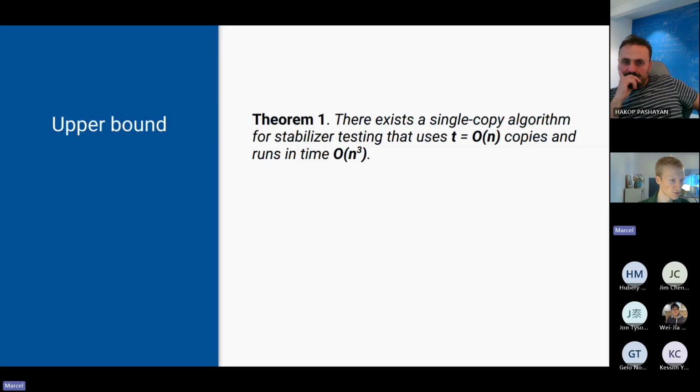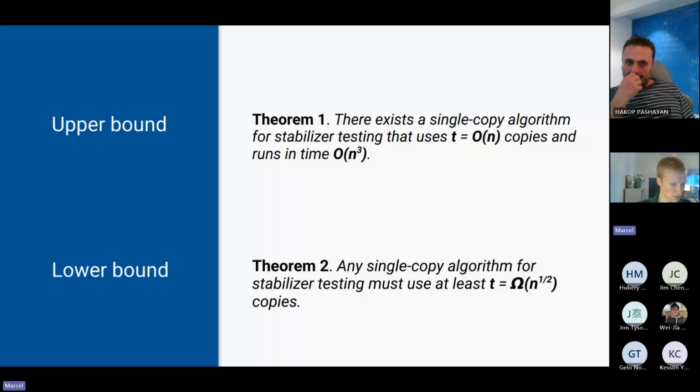All right, so what do we show? Our first result is an upper bound. That means we show the following theorem. We show that there exists a single copy algorithm for stabilizer testing that uses a linear amount of copies and runs in efficient time, for n qubits. That's our first result. And our second result is a bound that complements this sample complexity from below, so a lower bound.